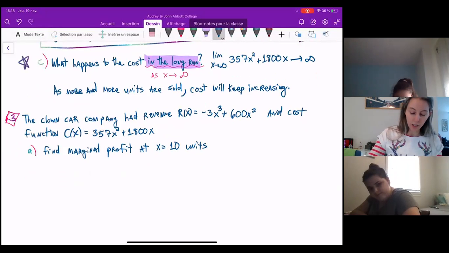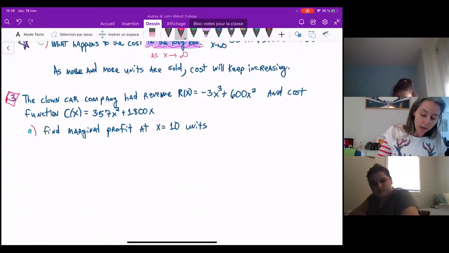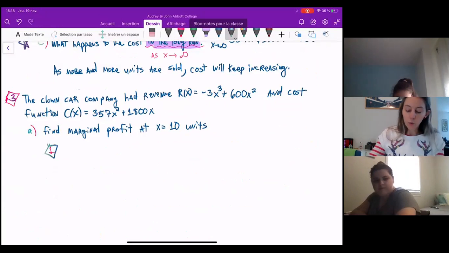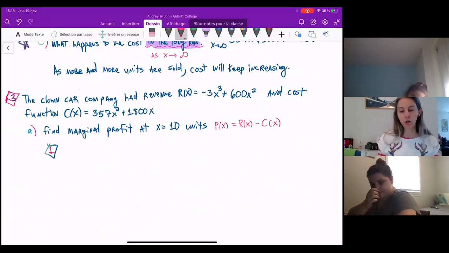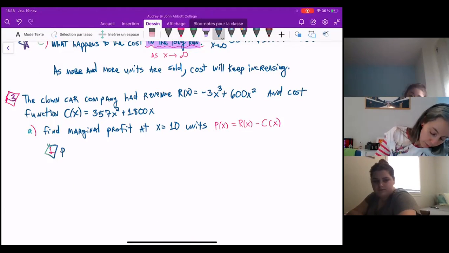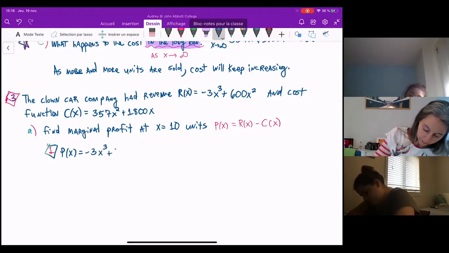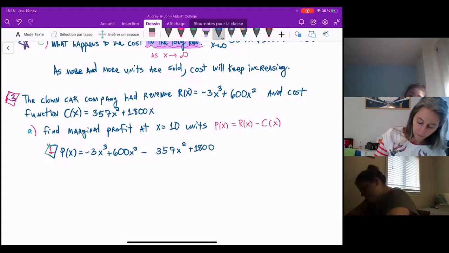And we know that the first thing that we want to do in order to find marginal profit is to actually find the profit function. So remember that our profit function was equal to the revenue function minus the cost function. You got it. Good job, Marino. So we're going to calculate profit. So profit is equal to my revenue function minus my cost function. Did I do that right?